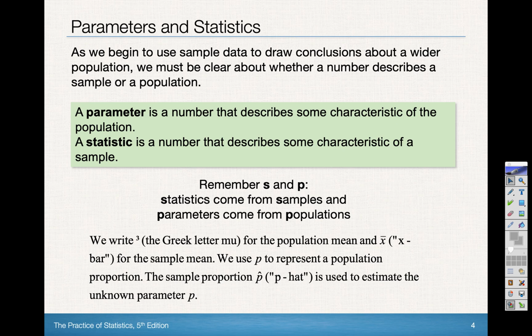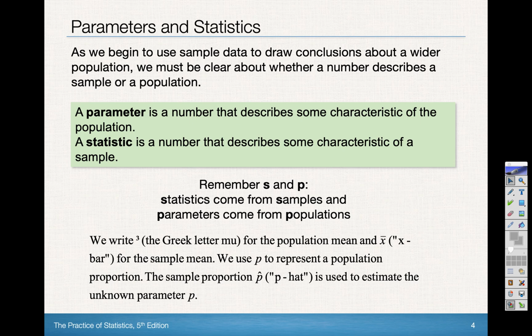We are going to differentiate between statistics and parameters by using different symbols. The Greek letter mu is what we use when we're talking about the average or the mean of the population. So mu, which we have been using as mean, is now going to represent the mean of a population, also known as a parameter. Whereas x bar is going to mean the sample mean, meaning the average of a sample.